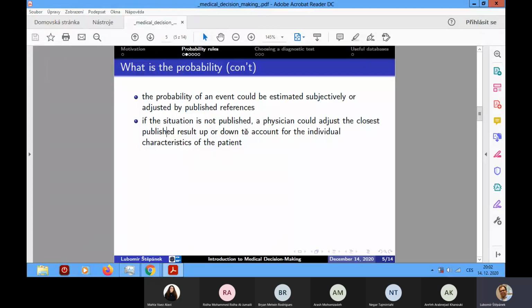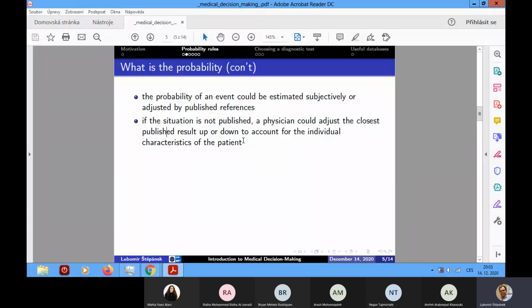Definitely, it's a serious issue, of course. But in a time shorter than 1 year, there are 40,000 impacted papers dedicated to COVID. So it's an enormous amount of papers.